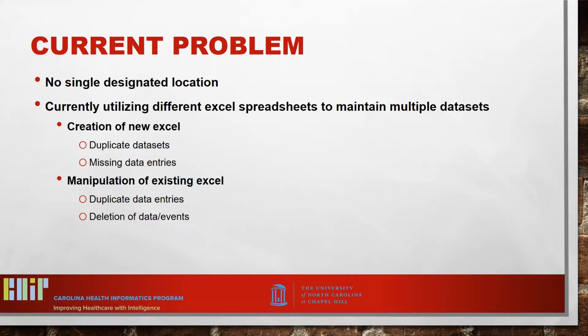And anyone is able to pretty much create an Excel spreadsheet and change the current ones and manipulate them, causing duplicates, missing data, whether they're storing it in a different location or they're just simply deleting them. This has also been seen multiple times throughout the years at ERIC because of staff turnover.